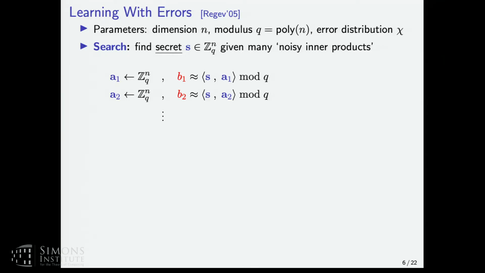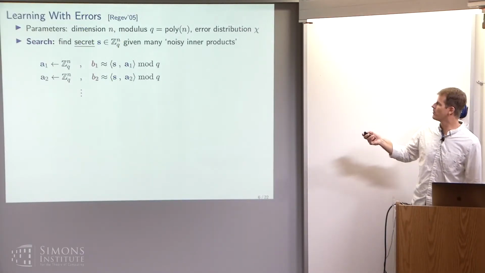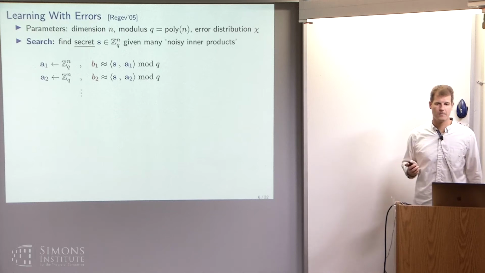Just like before, we have these random A1, A2, A3, up to AM, chosen uniformly from ZQ^N. We give the attacker these A1, A2, and so forth. We also give the attacker S inner product AI. Well, not exactly. We give it S inner product AI plus some noise. The noise is drawn from this error distribution.